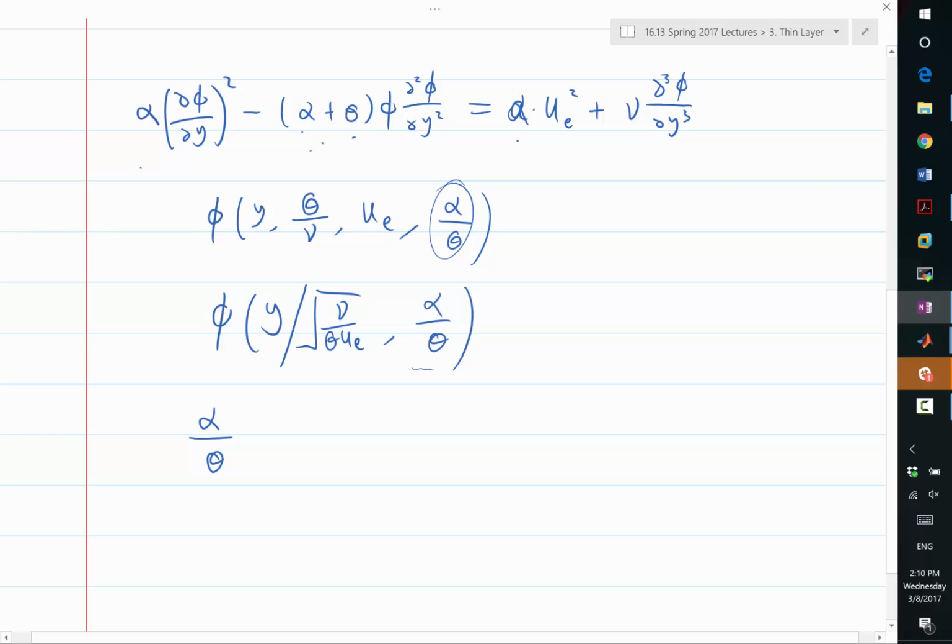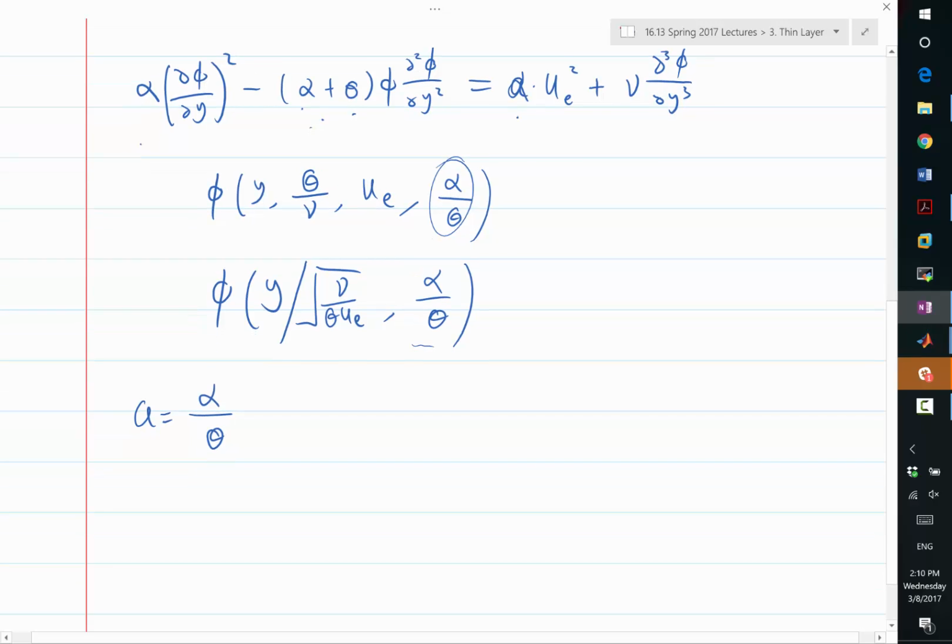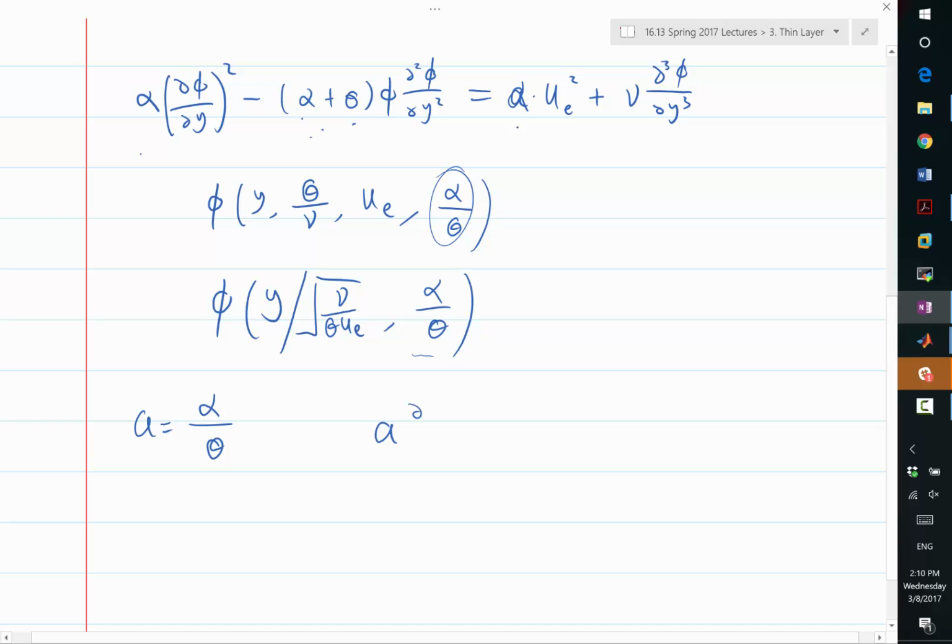I'm just going to call this A. So what I get is A times this, minus 1 plus A. So theta becomes 1, alpha becomes A, phi, not y anymore, now it's eta, is equal to A times UE becomes 1, right? Plus nu also becomes 1. So third order derivative with respect to eta. So that's what we get.